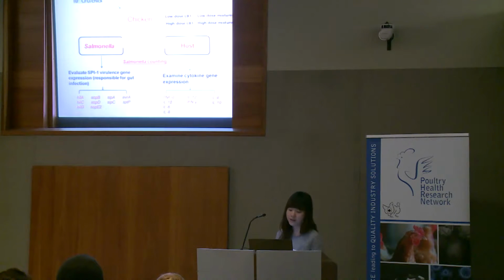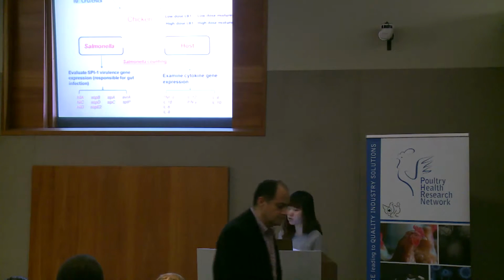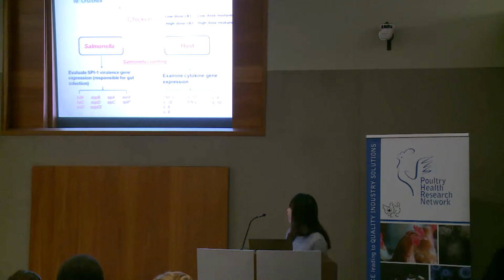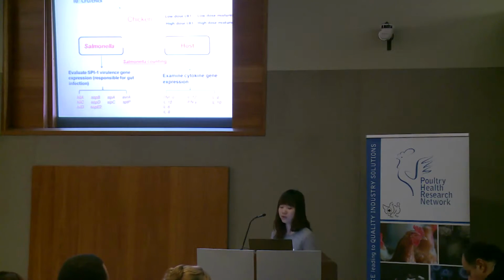We want to evaluate SPI1, the Salmonella pathogenicity island 1, which is responsible for gut infection virulence gene expression. And we also want to look into the host mechanism. That is, we examine cytokine gene expression, which is related to the immune response.